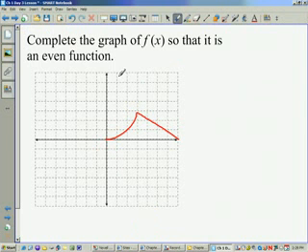So if we want to complete this to make an even function, remember evens always reflect over the y-axis, so it'll just take this and reflect it over. Also, you can think that there's a point 3, 3, so there will be a point over here, -3, 3.